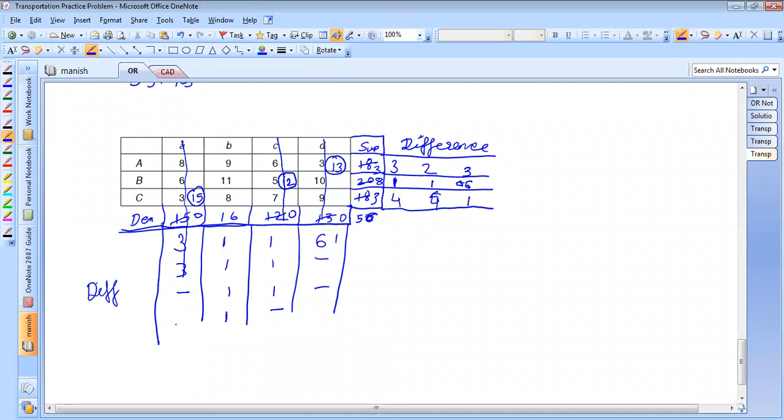This will be 0, 1, dash, dash. Now here it will be 9, 11, 8. 11 is the maximum. So we will select this, making it as 8. Eliminating this as 0. This will become 8. This row will get eliminated.